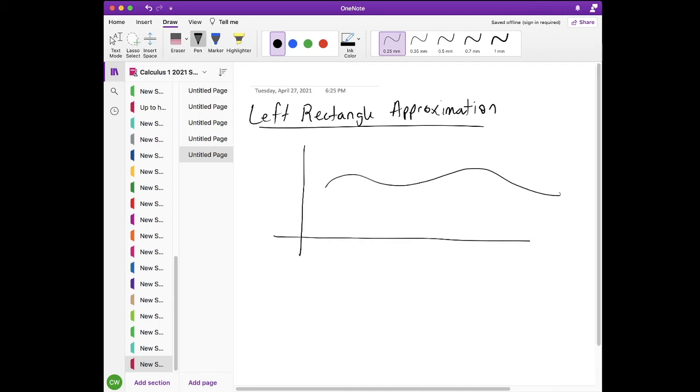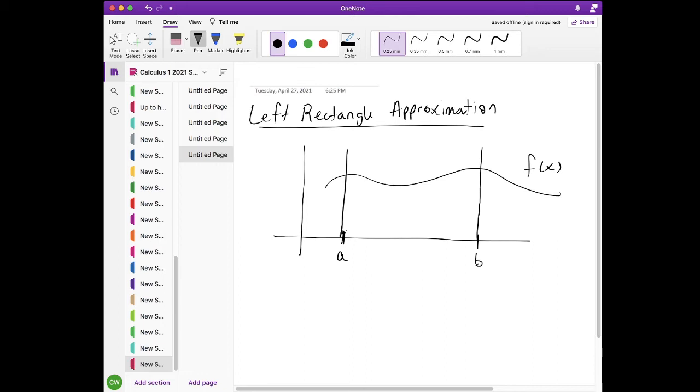Okay, here's the function f of x, and I want to estimate the area underneath the curve between a and b. When I do some sort of algorithm, I probably want to keep things pretty consistent, or constant.